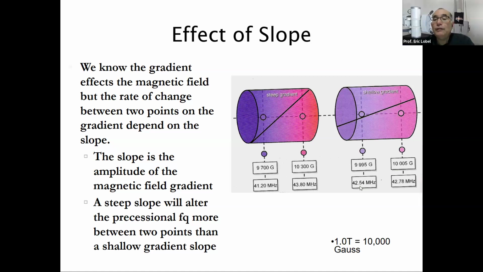We still have a difference in the respective magnetic fields, but now, again, we have to go past the decimal point, 42.54 versus 42.78. So the difference between a proton precessing here versus precessing here is not nearly as much of a difference as a proton precessing down on this side versus all the way up here.